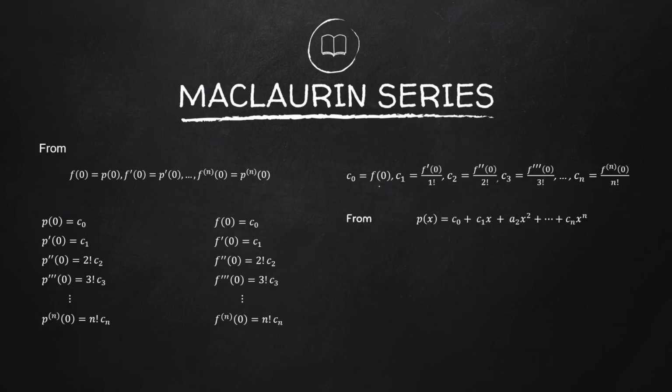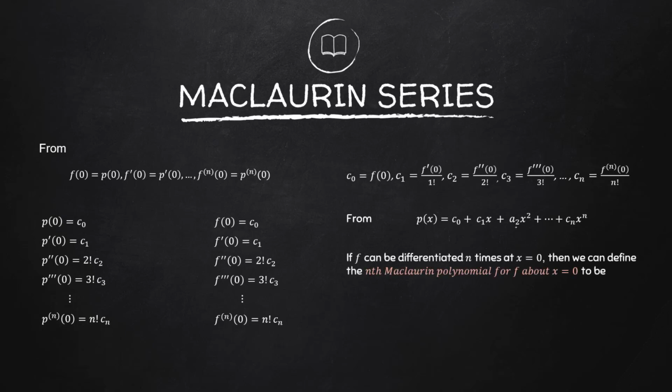Okay, from p of x is equal to C0, or the approximating function. From the approximating function, if f can be differentiated n times at x is equal to 0, then we can define the nth Maclaurin polynomial for f about x is equal to 0 to be p sub n of x is equal to f of 0, or this is equal to c sub 0.